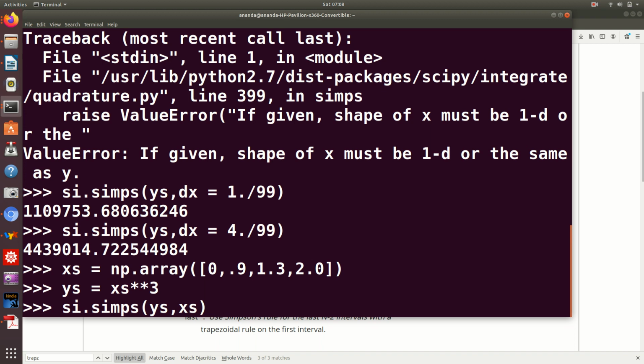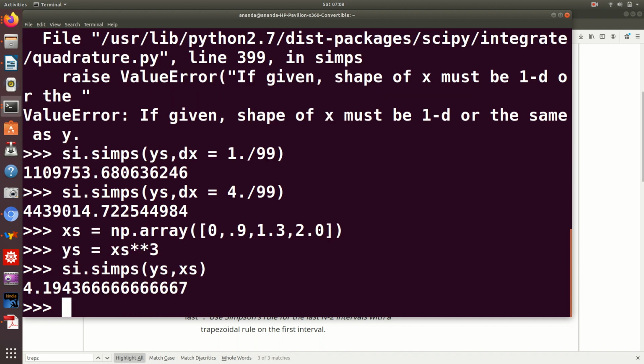Of course, the result should be 16 by 4, which is 4, as an integral. Remember, you are integrating from 0, that's the left hand, to 2, that's the right hand. You are integrating x cubed, so the answer should really be x to the 4 by 4, which gives 4. That's the exact value. What I am getting is 4.194. Not really exact, but well, not too bad either, given that we are using only 4 points.